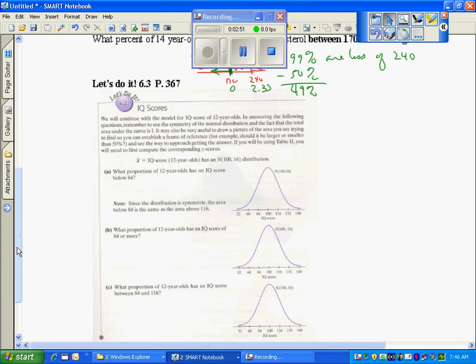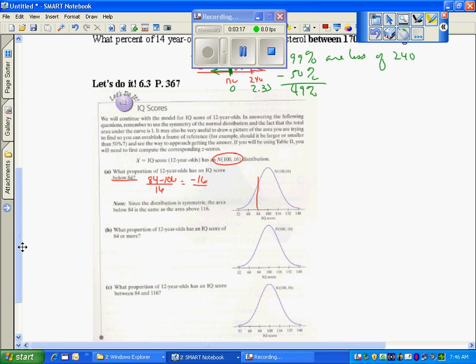A situation in your book talks about IQ scores, where the average is 100 with a step size of 16. You want to know IQ below 84. So where is 84 on my table? Notice they drew that for me. Here's 84, so go ahead and find the z-score: 84 minus 100 over the step size.